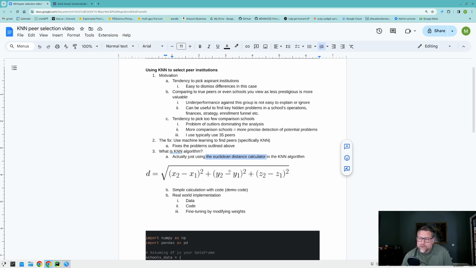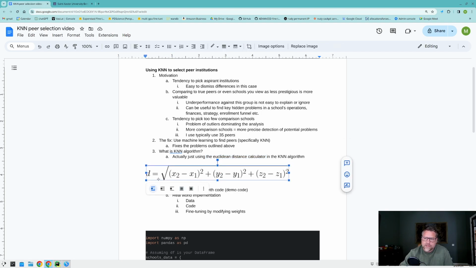Like I said, I normally pick 35 or so for the peer set. Almost all of the benchmarking studies I do are 35. So basically what I'm doing is calculating the distance between the target school, St. Xavier in the case that I showed you, and all of the other schools that exist in the United States, and then selecting the 35 closest on that distance metric. All right, so that's the intuition.